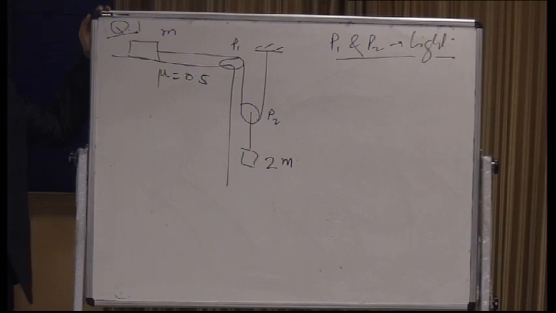Find the velocity of mass m when mass 2m falls down, say by an amount 10 meter, by an amount 10 meter. Okay, this is the question.